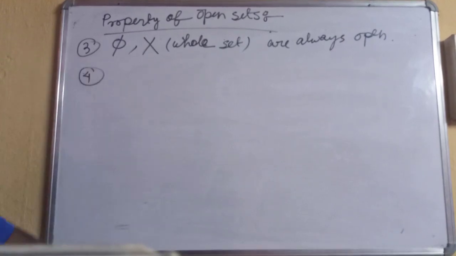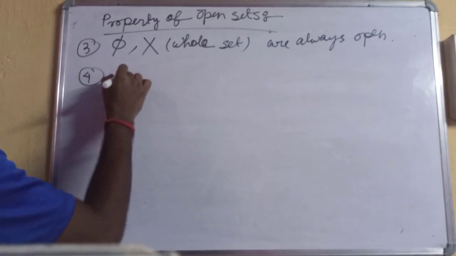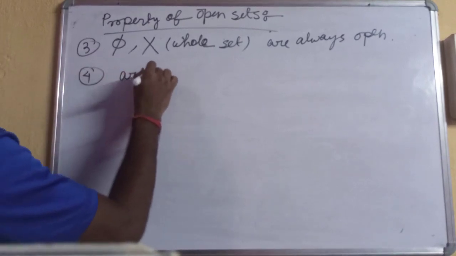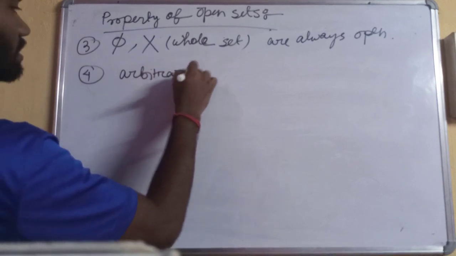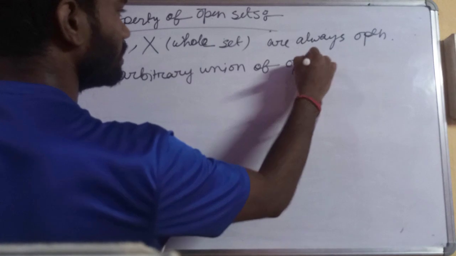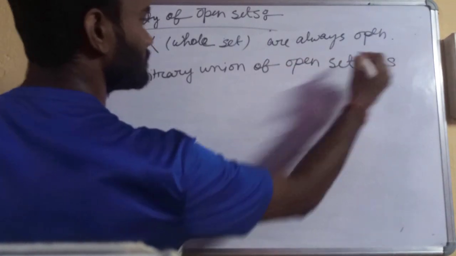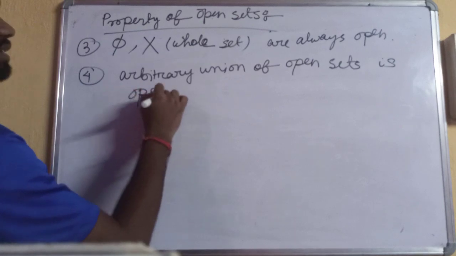Number four, an arbitrary union of open sets is open.